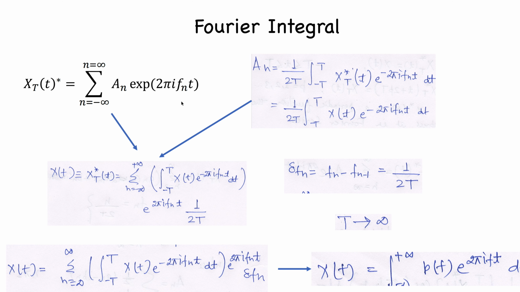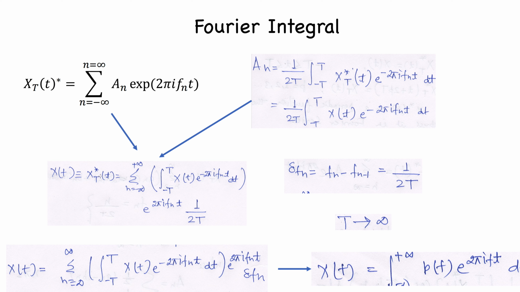So then again, in place of a n we have these values, as I said before, and we can replace these values of a n in what is written here on the left hand side.